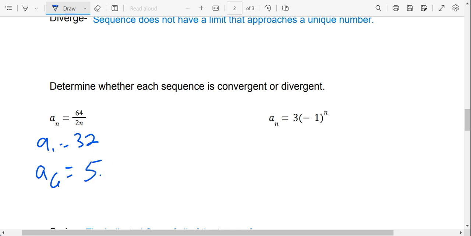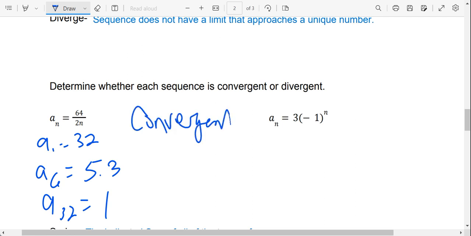It's 5.3, I believe. A sub 32 gets you 1. And then if I pick a really big number, you're going to get a big fraction. You're going to get closer and closer to which number? 0. So it's going to be convergent. It's converging to a number. What number is that? 0.